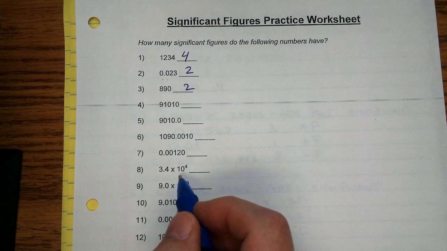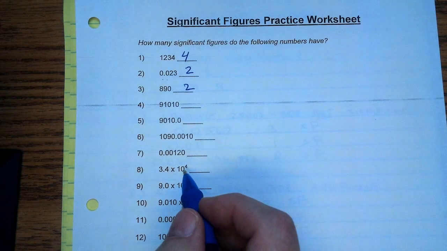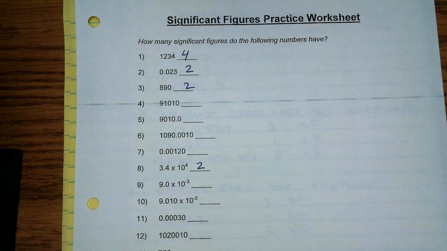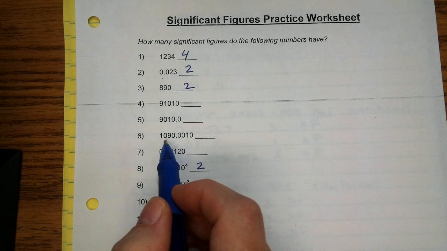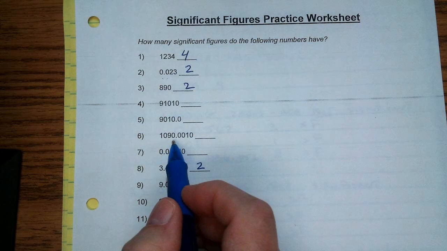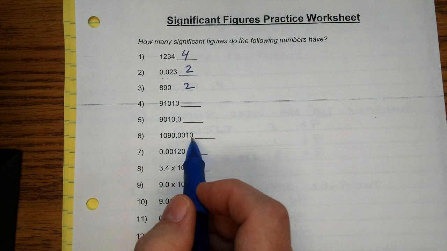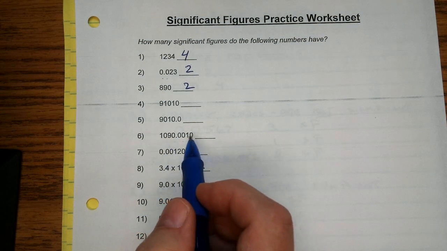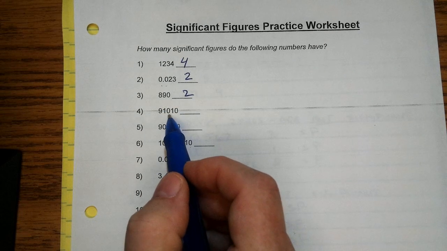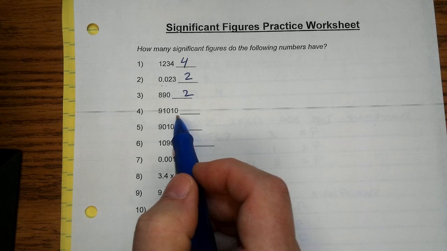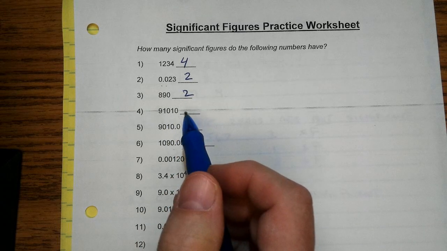We have 2 sig figs here and none here because we don't count those, so we just have a 2 there. And there's a couple examples that have trailing zeros in there. On this one, this 0 is captive. These zeros are captive, and this one's trailing with a decimal, so you know that one counts. Now on number 4, that's captive and it counts, and that's trailing, but there is no decimal in there, so that 0 does not count.